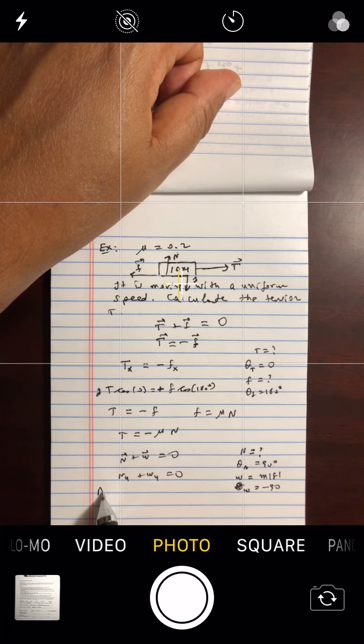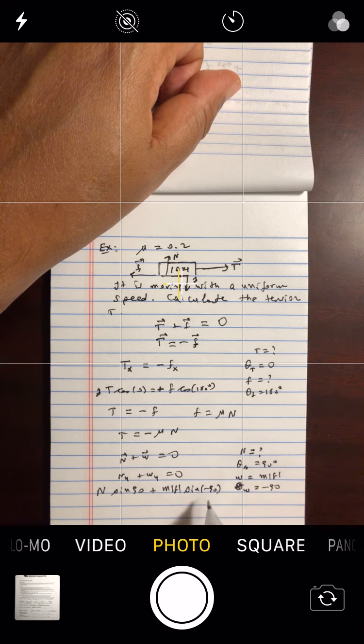So this gives you the magnitude of the normal force times the sine of 90, plus the weight, which is mg, times the sine of negative 90, equals 0. Sine of 90 is 1, so you get N. This is negative 1, we get minus mg equals 0. So the normal force equals mass times gravity.